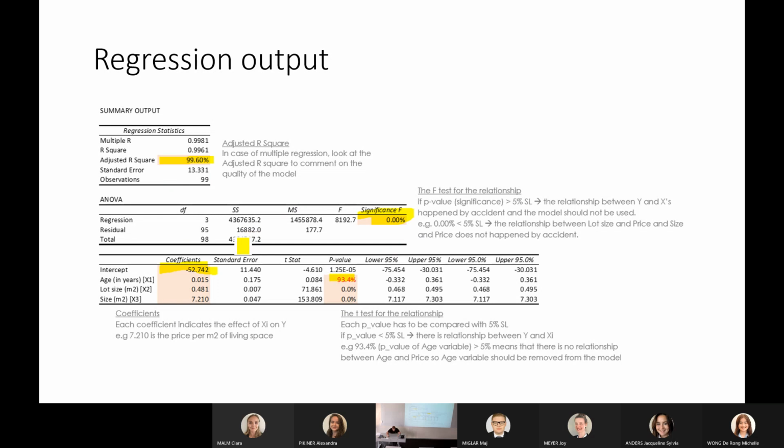Then we will also have to look at all the p-values. So this will be the t-test for the relationship. Each p-value has to be compared with 5% significance level, and it has to be eliminated if it's more than 5%. So in this case, we can see that the age of the apartment does not influence the price.